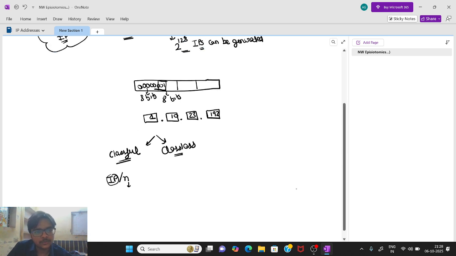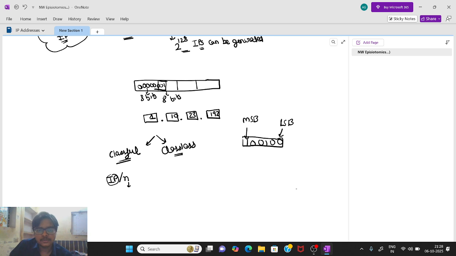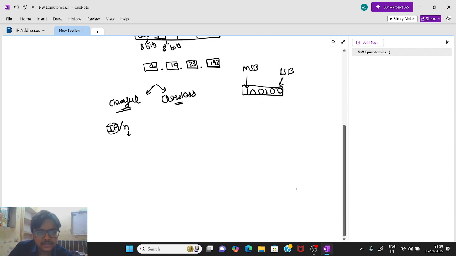This is your IP address and slash n denotes how many bits from the MSB. I hope you all know that if this is your stream of bits, then this bit is called the MSB, most significant bit, and this one is called the LSB. Here the n denotes how many bits starting from the MSB position are reserved.